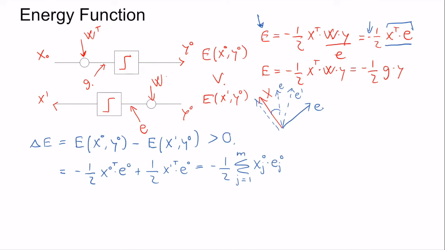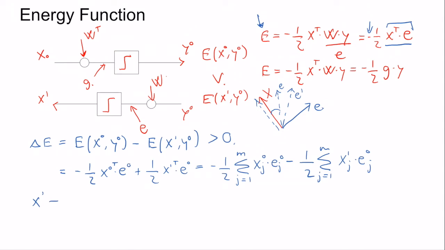So I multiply every element in x by every element in e. And then I subtract the other term. So this is also the summation over j from j equals 1 to m of x1j times e0j.